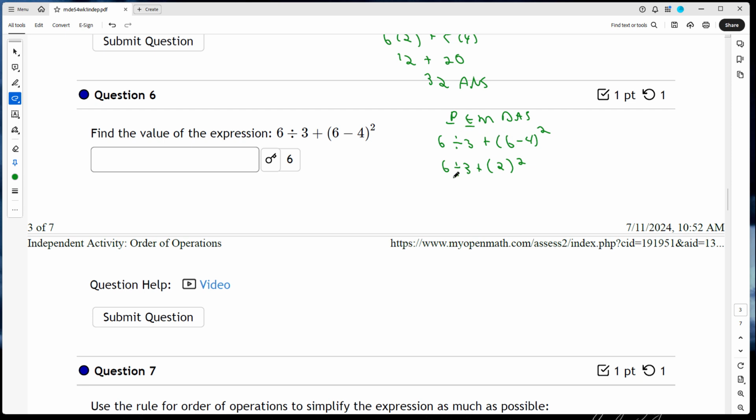Take care of the exponent next. 2 squared is 4. Multiplication and division. 60 divided by 3. 6 divided by 3 is 2. Addition and subtraction. 2 plus 4 is 6. And that's our answer.